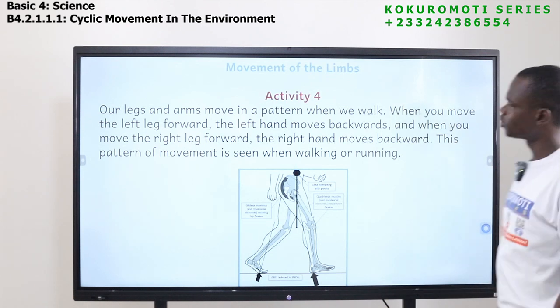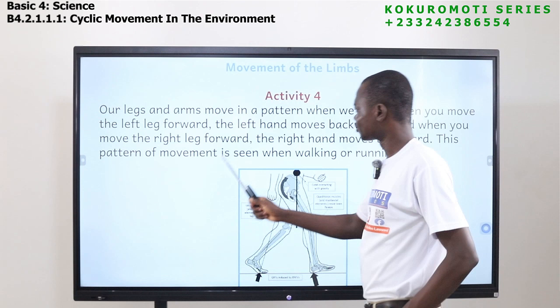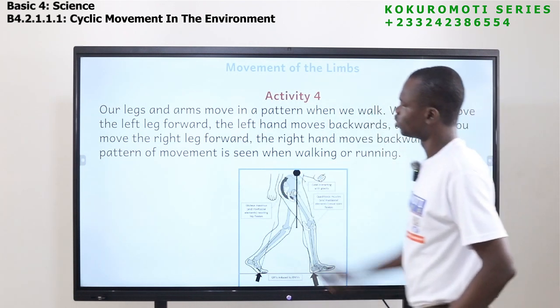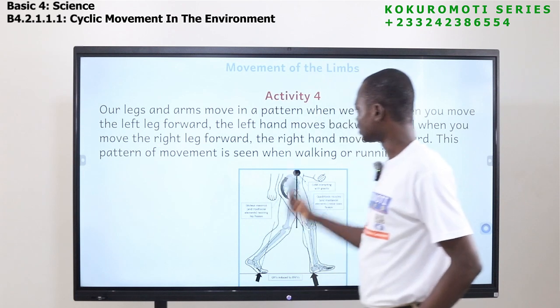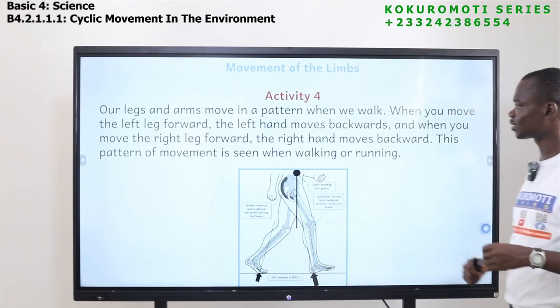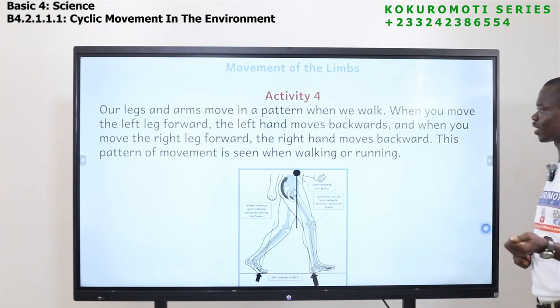When you move the left leg forward, the left hand moves backward, and when you move the right leg forward, the right hand moves backward. This pattern of movement is seen when walking or running.